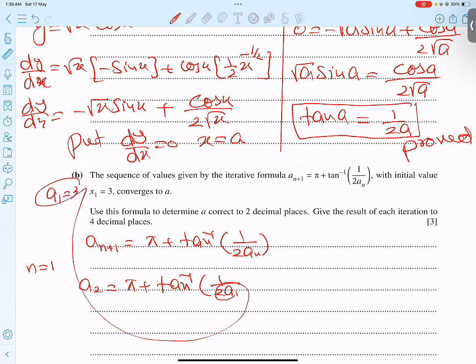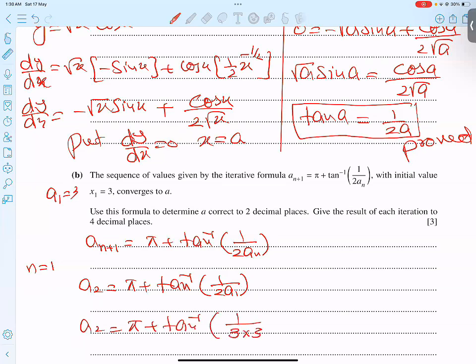So I'm replacing a1 with 3 here, and typing in the calculator 1 over 2 times 2, 3. So finally, I got a2.